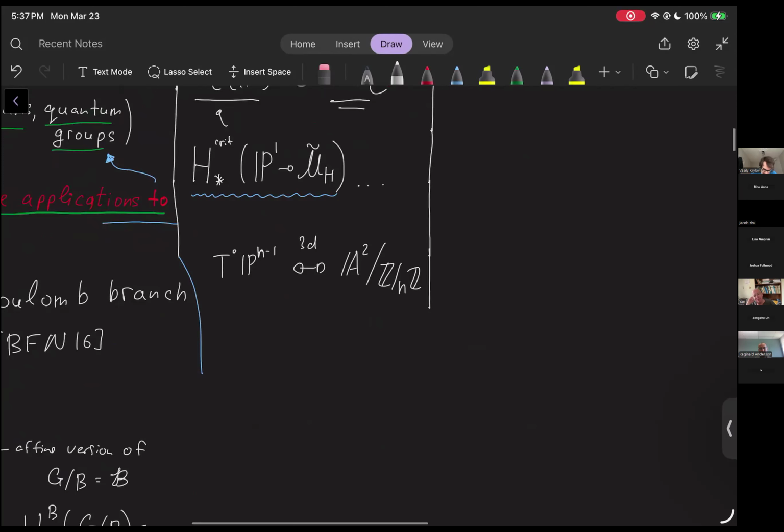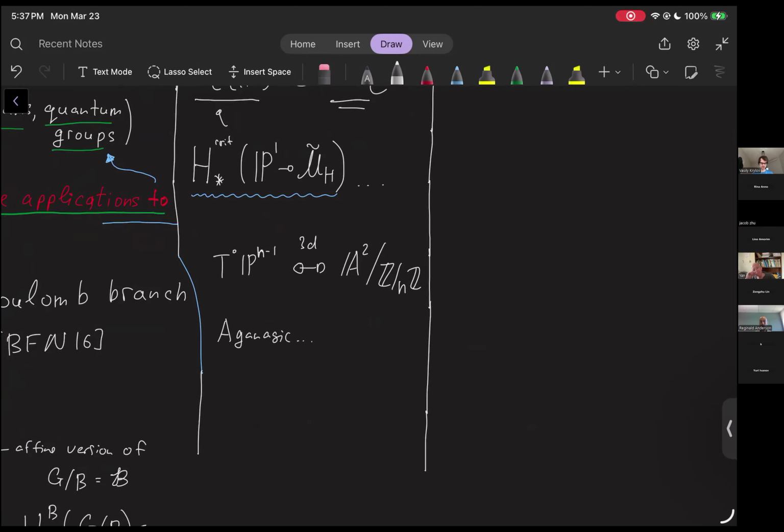There is an example of a 2D mirror symmetry statement for Coulomb branches, from the ideas of Aganagic, and now there are a couple of papers about that by Aganagic and her collaborators. They consider something different from 3D mirror symmetry.